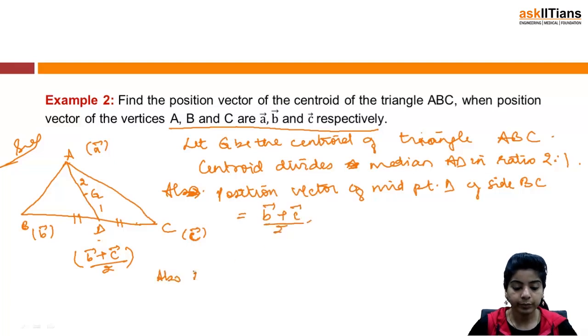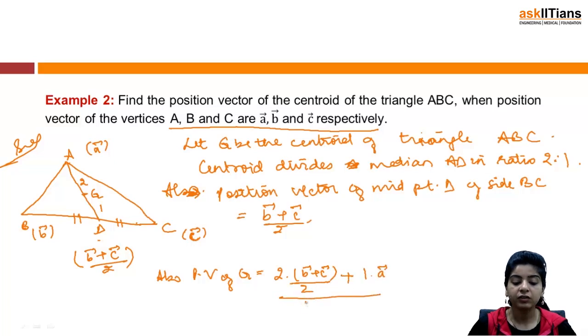Also, the position vector of G. Now we will be applying the section formula, because this is dividing the median in the ratio 2:1, and we already have the position vectors of A and D. So what I get is 2 into (b plus c) by 2 plus 1 into a, divided by m plus n, that is 2 plus 1.